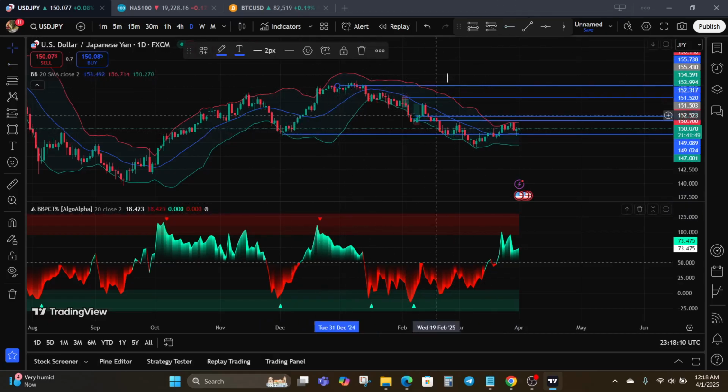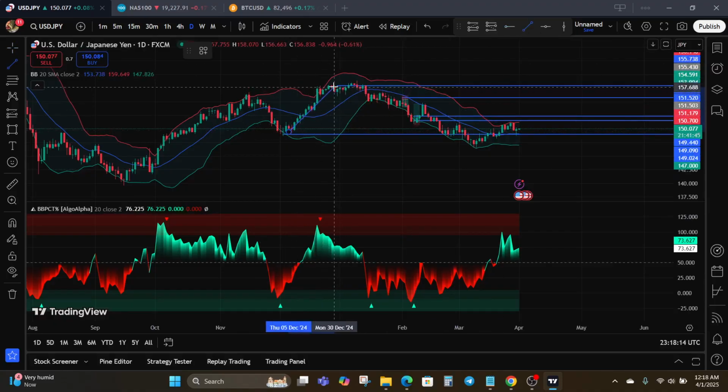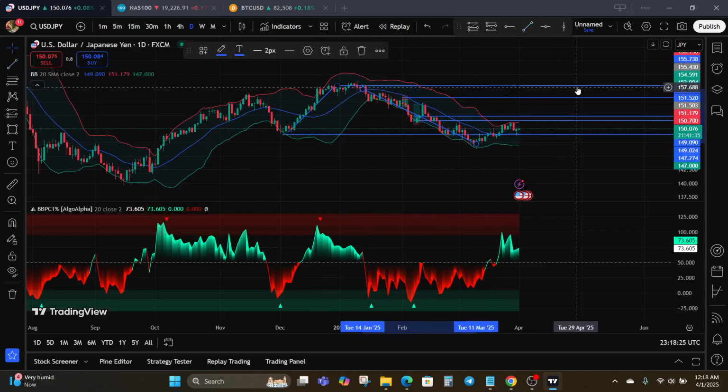If you had entered a buy, you would have caught a good move as this reversal signal came up. And here, if you had entered a sell, you'd have also caught a good move as this reversal signal came.